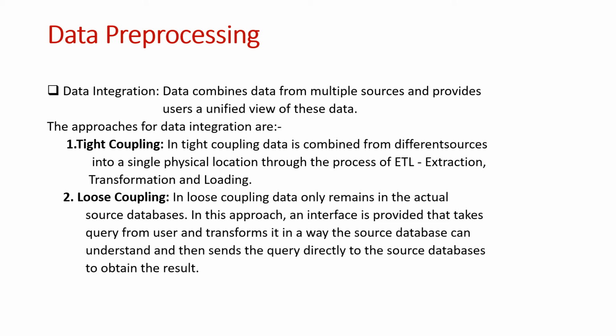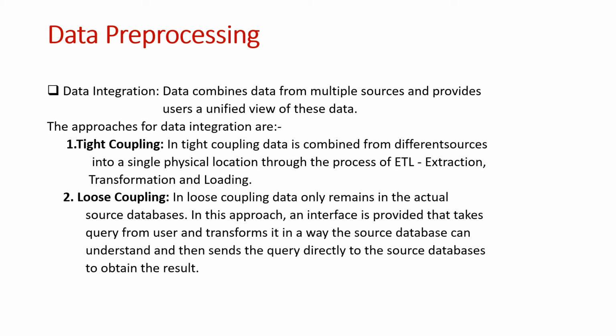In data integration, it combines the data from multiple sources and provides the users a unified view of these data. The approaches that we use for data integration are, the first is tight coupling and the other is loose coupling. Now, what is tight coupling?